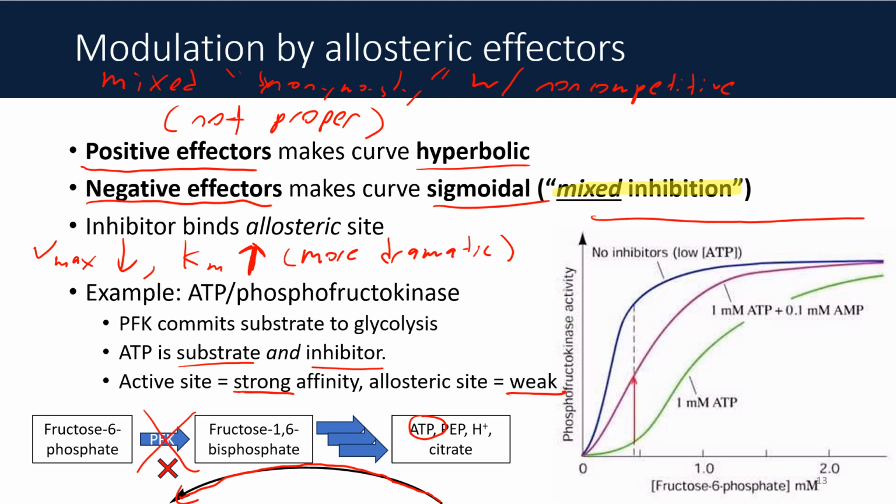PFK, uninhibited, has a hyperbolic kinetic curve. If you add, though, just a little bit of inhibitor, ATP, 0.1 millimolar, we begin to make the curve more S-like, more sigmoidal. If we have more ATP, we put the brakes on even harder, and we get a very sigmoidal curve.